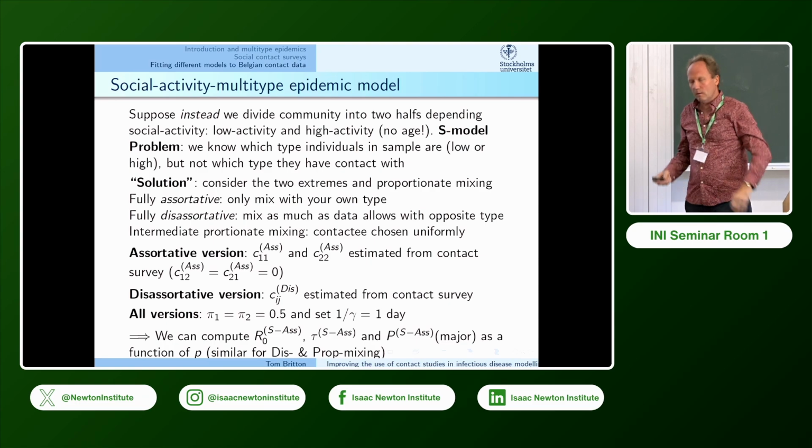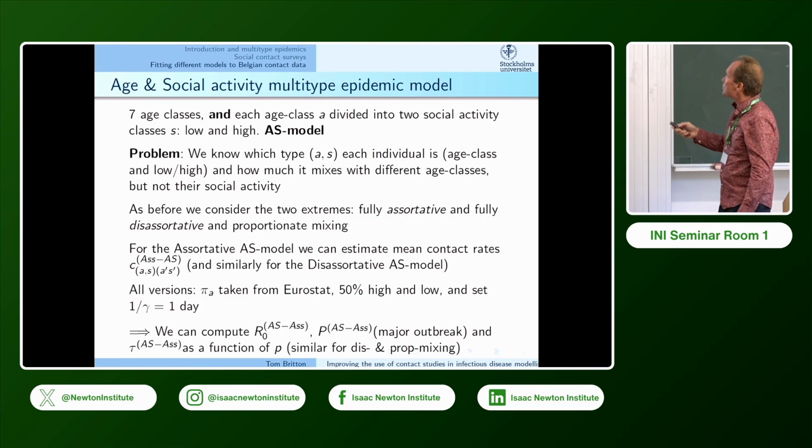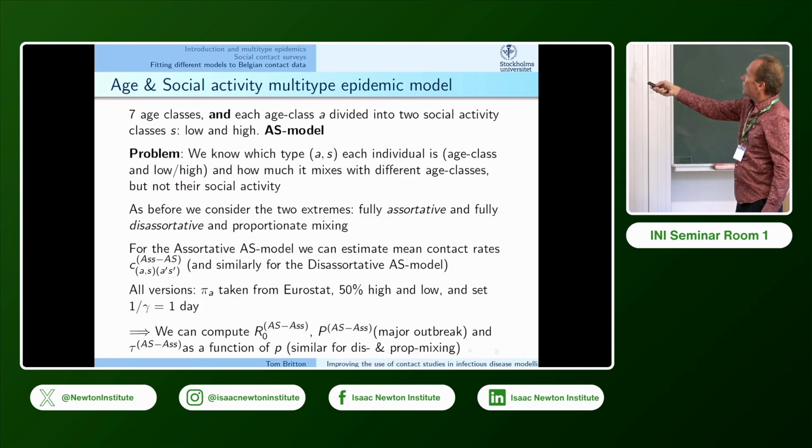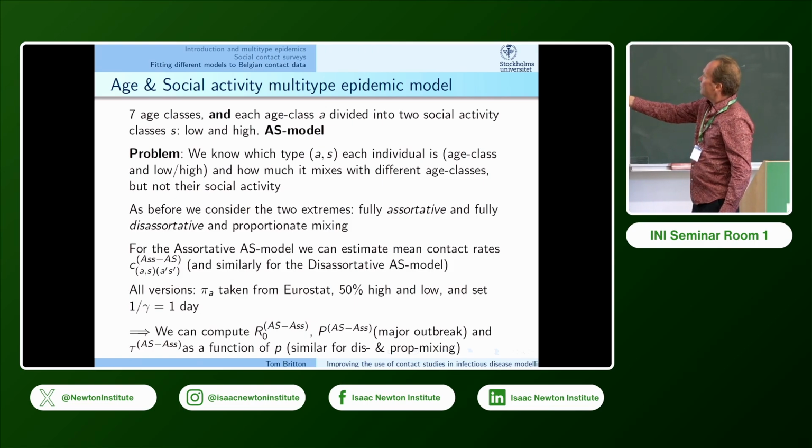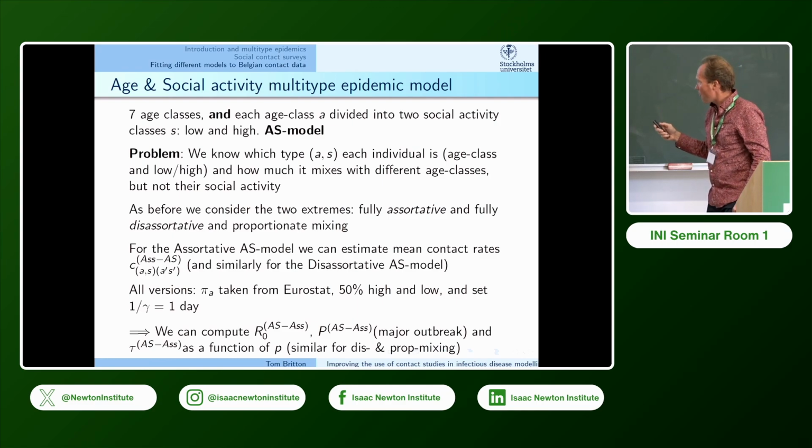So also that model comes in two different versions. So the AS model also comes in an assortative version and a disassortative version. There is an intermediate thing called the proportionate mixing, but I won't show slides for that in this presentation.